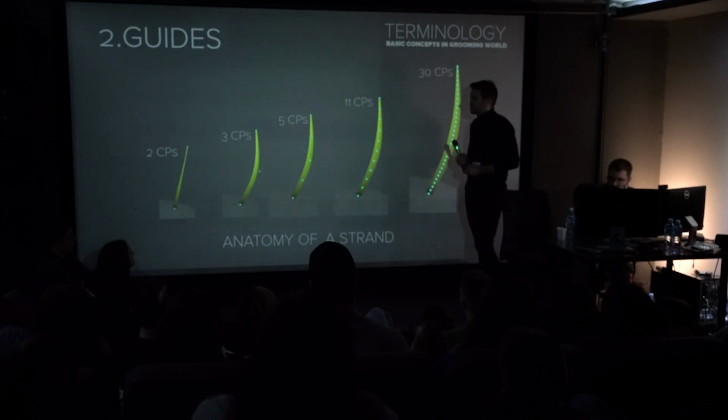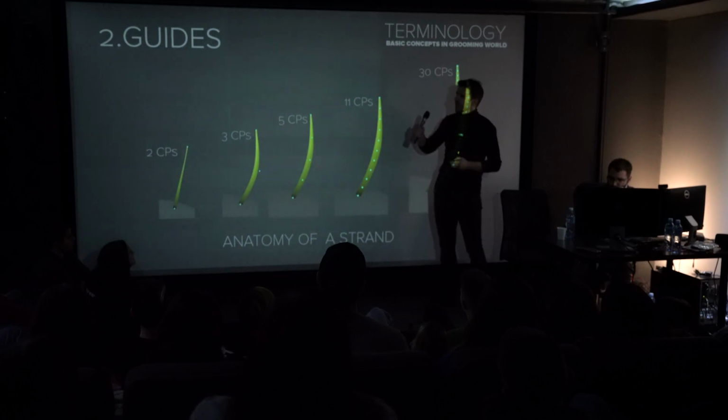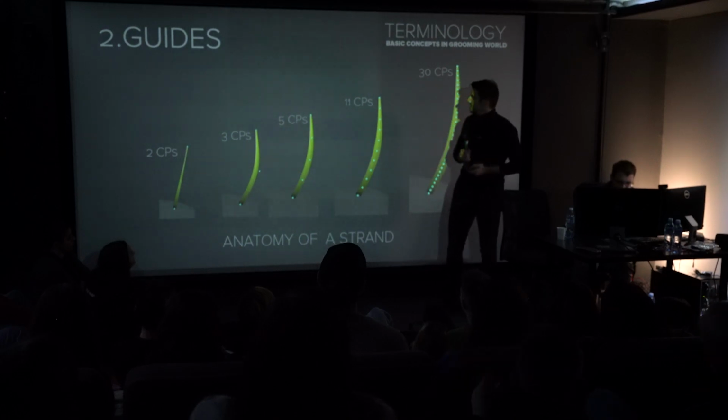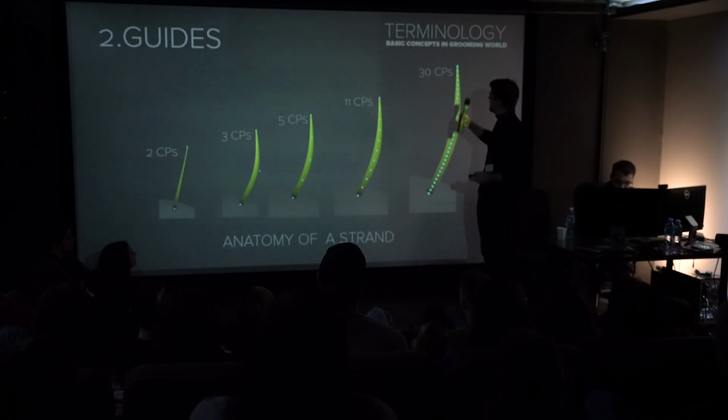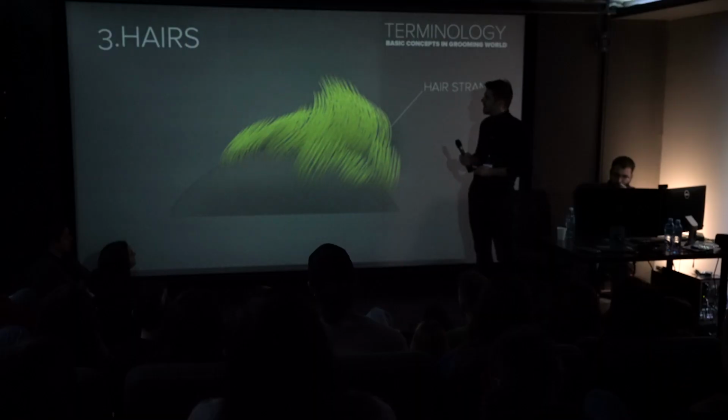Imagine you have some curly strands, and to get that shape, you need a lot of these control points. These are actually the hairs which are rendered, what the renderer reads, and these are the hair strands.